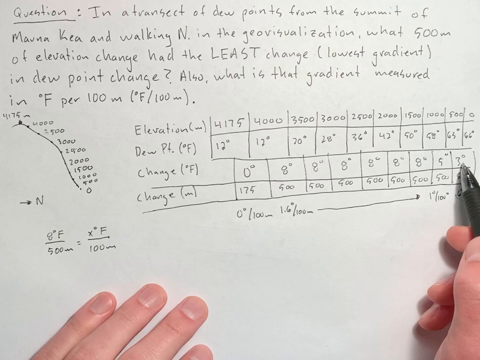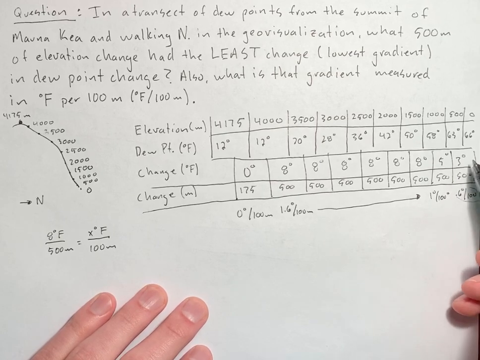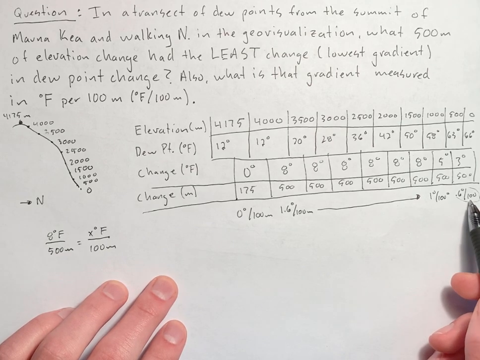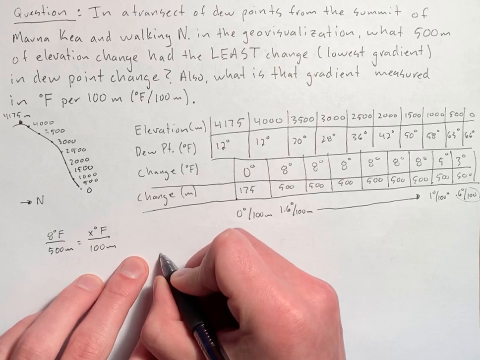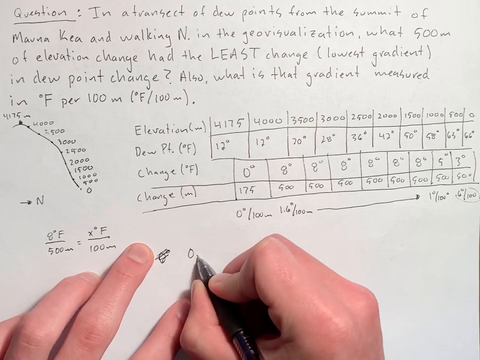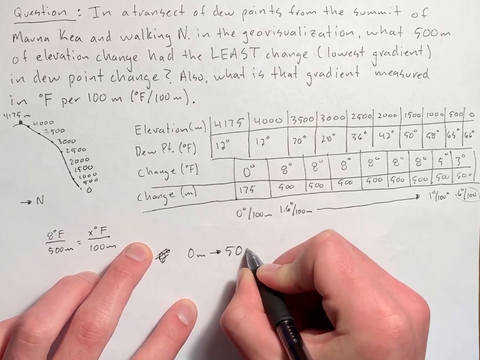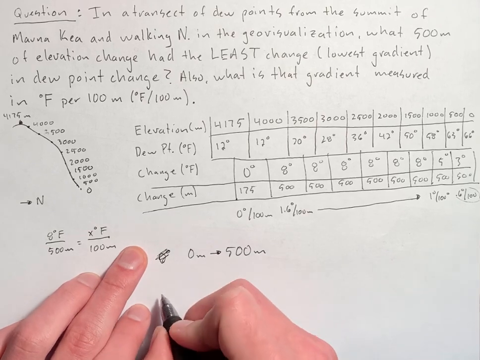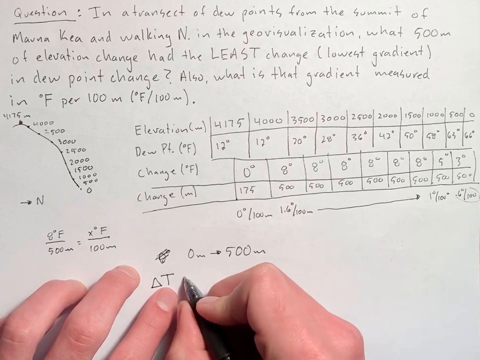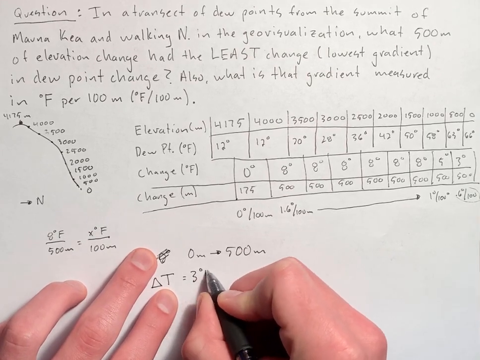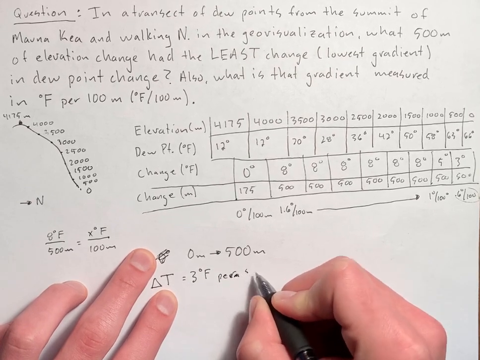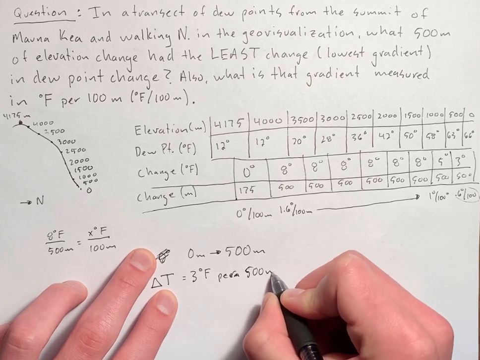So the smallest change per 500 meters is 3 degrees Fahrenheit, and that gradient is 0.6 degrees Fahrenheit per 100 meters. So between 0 meters and 500 meters, our change in temperature, or our delta T, equals 3 degrees Fahrenheit per 500 meters.